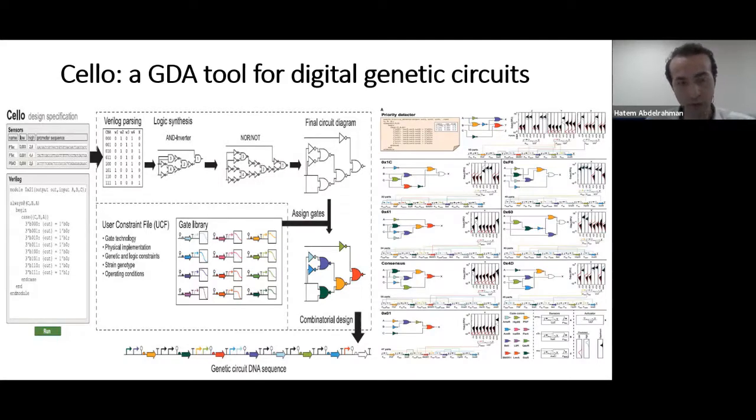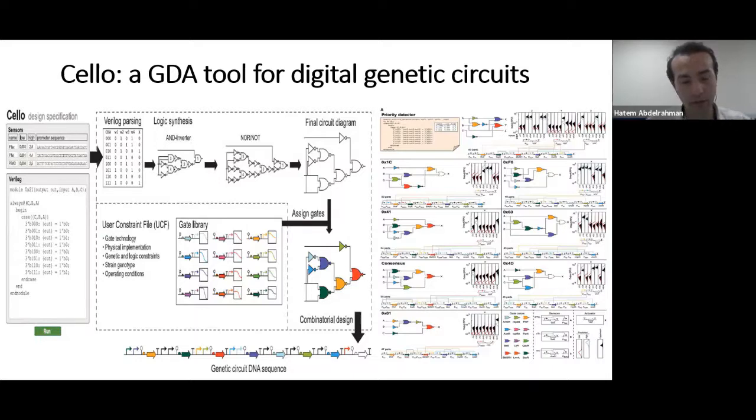Cello, by the way, is specialized in designing genetic logic circuits. You simply specify the behavior of the circuit in a hardware programming language called Verilog, and Cello then uses a library of genetic logic gates.